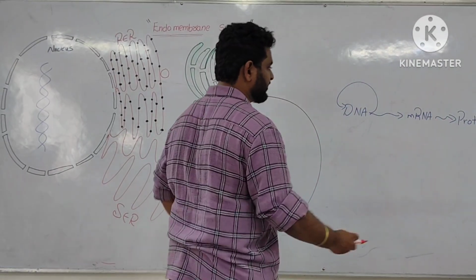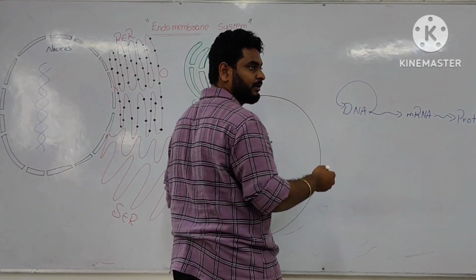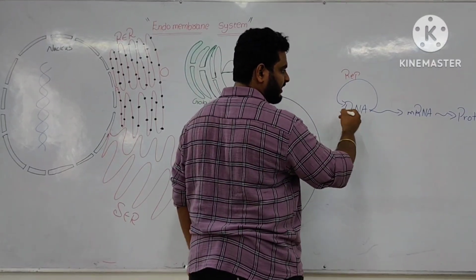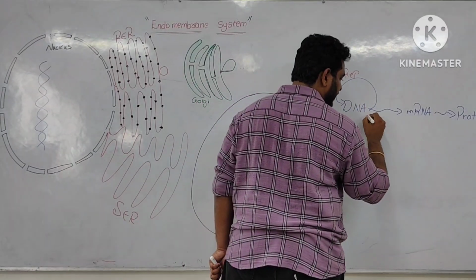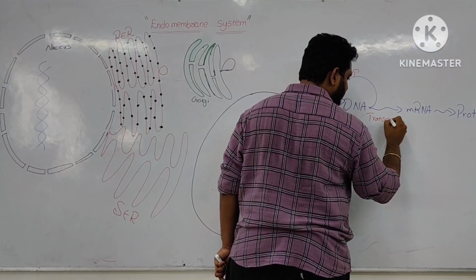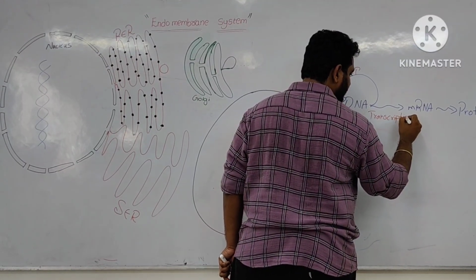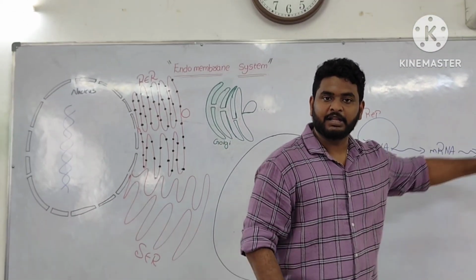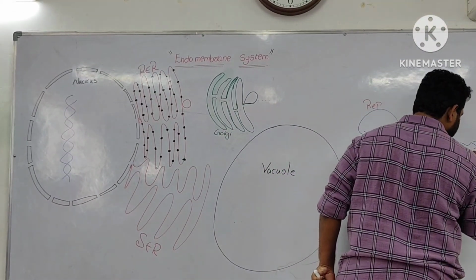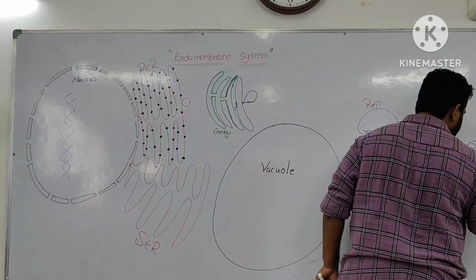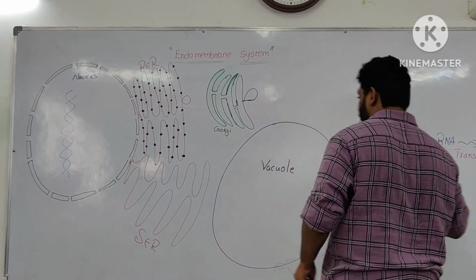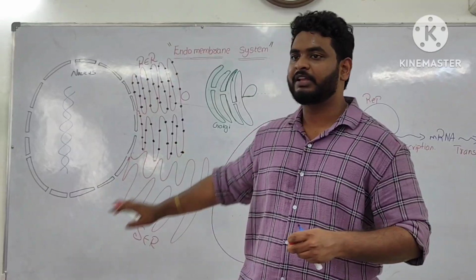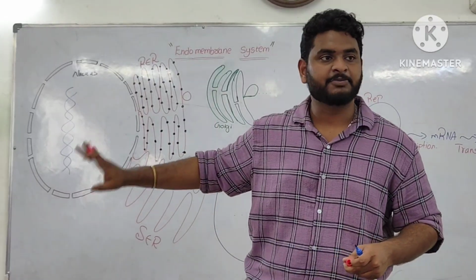The process by which DNA replicates is called replication. The process by which DNA produces mRNA is called transcription. The process by which mRNA makes proteins is called translation.